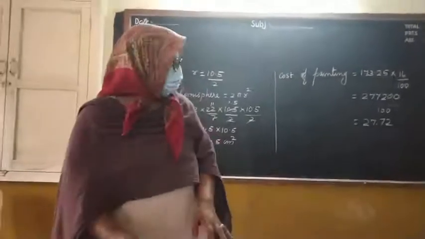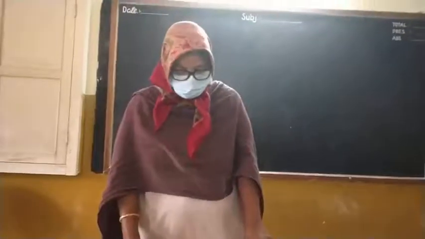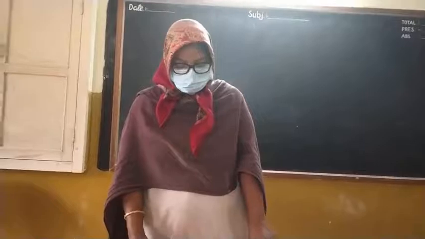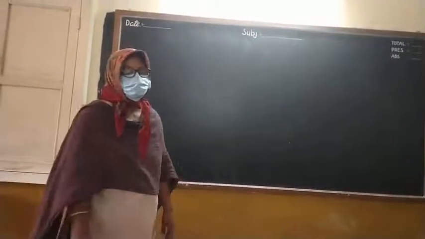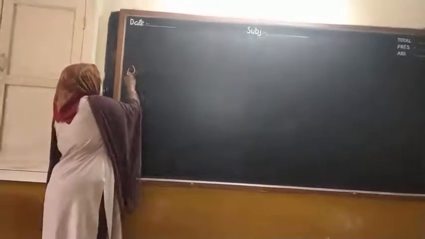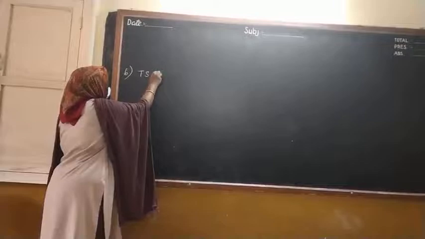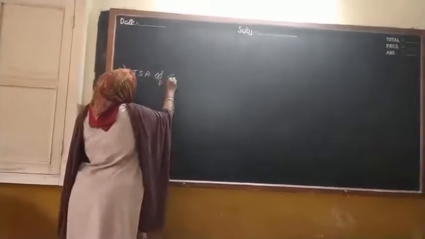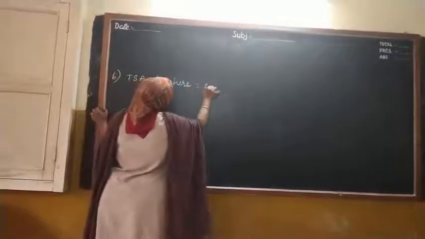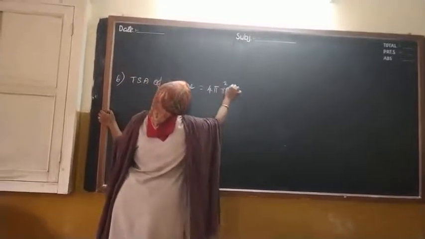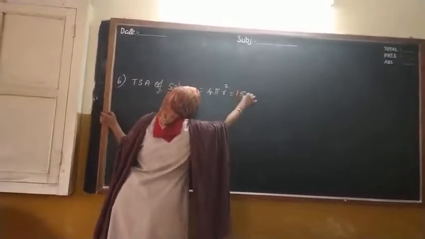Sixth one. Find the radius of the sphere whose surface area is 154 centimeter square. Total surface area of the sphere is given. That is equal to 4 pi r square equal to 154.